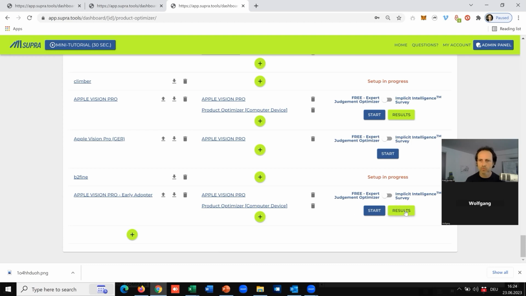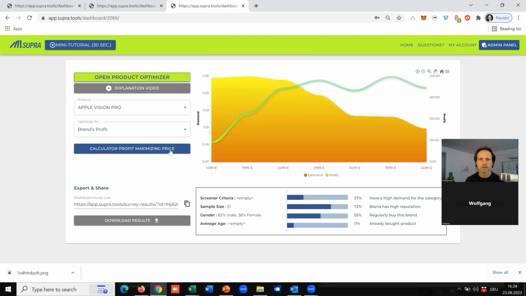So we also had early adopters in the survey. And that is the price demand function. It's basically the same picture, right? So there is an elastic space between 2,500 and 3,500. But the demand is higher, probably double.